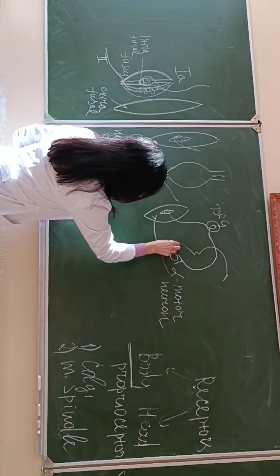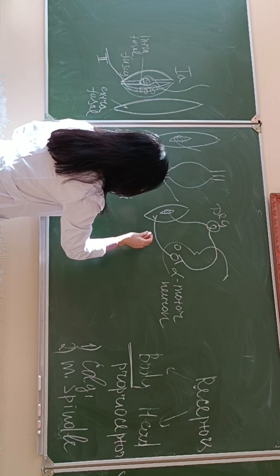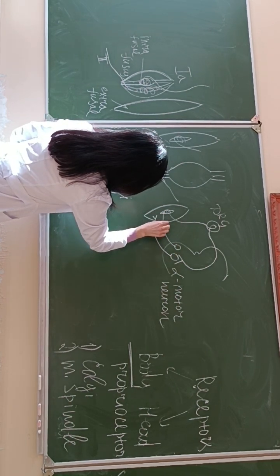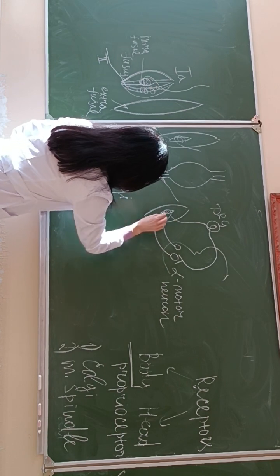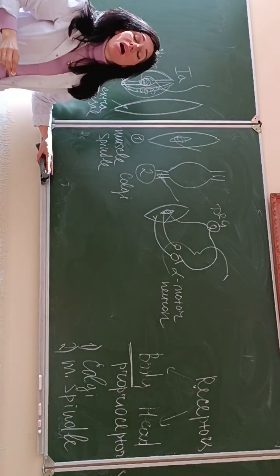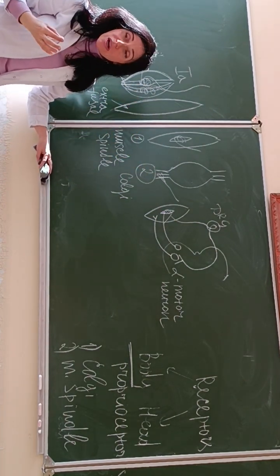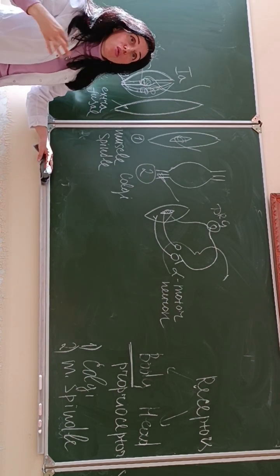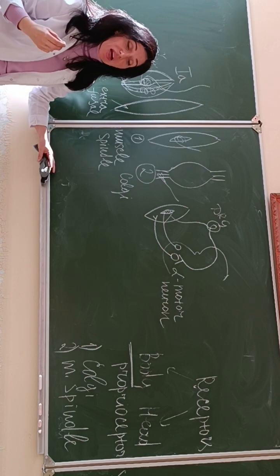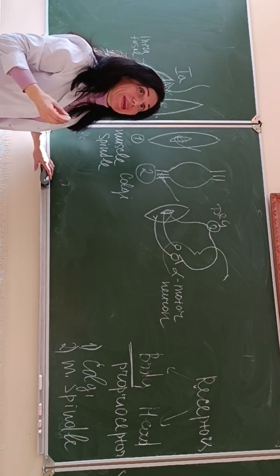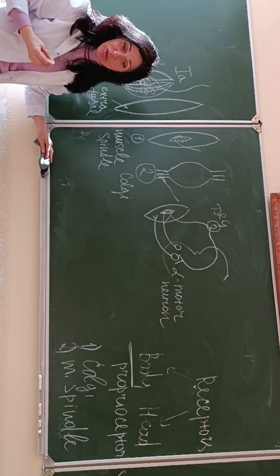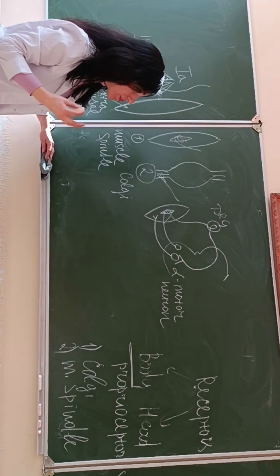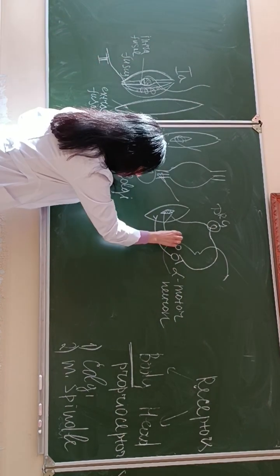Gamma motor neuron, a smaller motor neuron with a smaller body. It innervates intrafusal muscle fiber and controls their tone to adapt to muscle contraction, to maintain sensitivity of the receptor working part.